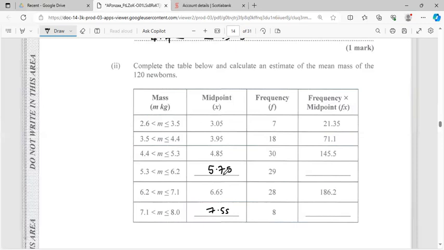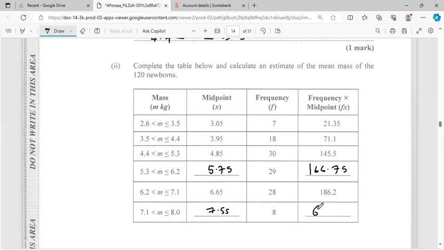So 5.75 times 29, which gives us, according to my calculator, 166.75. There we have it. And for this one now, it's 7.55 times 8, which gives us 60.4.